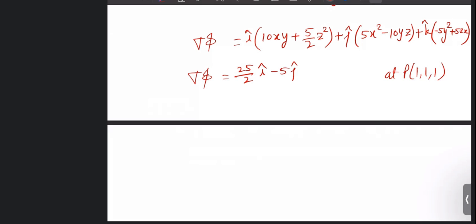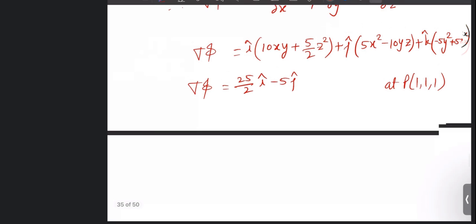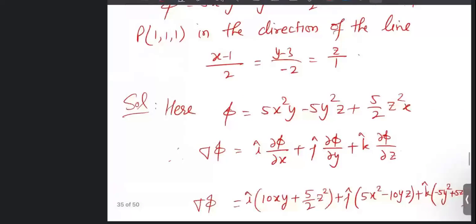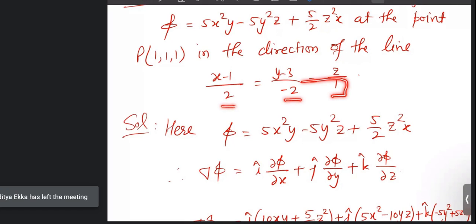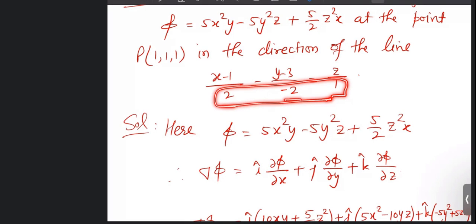Another factor is the unit vector to be determined. For that purpose, first you need to know in which direction the directional derivative is to be determined. As you know, from the equation of the straight line in 3 dimension, the parallel vector is 2i minus 2j plus k. This is the parallel vector of the straight line. It means the directional derivative is to be determined in the direction of the parallel vector of the straight line.